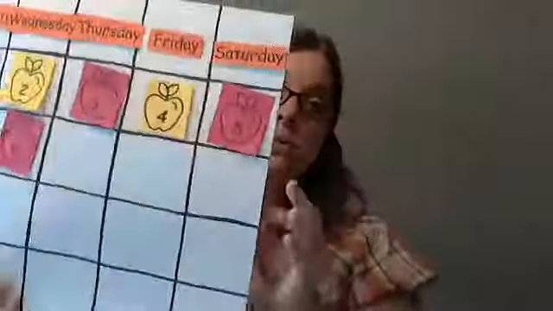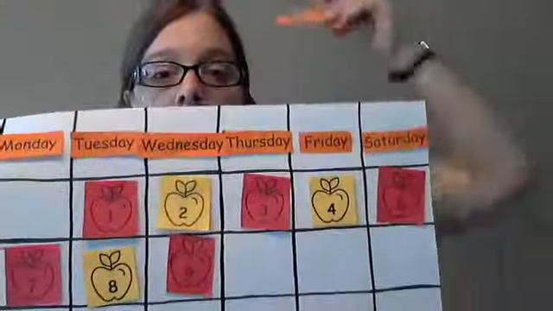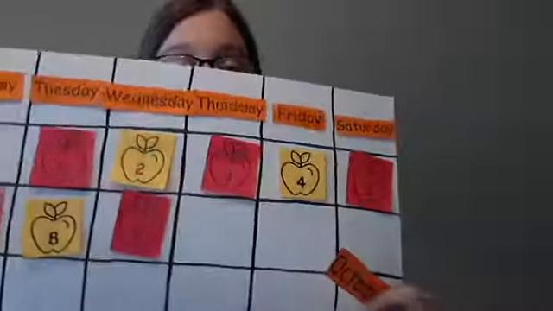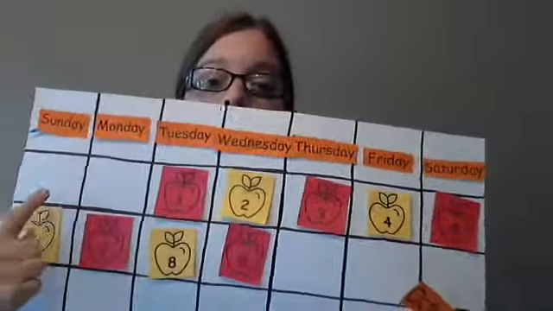The first part of the bulletin board, of course, in your calendar board is the calendar. I don't have it up anymore, so I'm going to show it to you. Here's my October calendar. Here's my October, that was above it. And what we're doing here is patterning, A-B patterning.